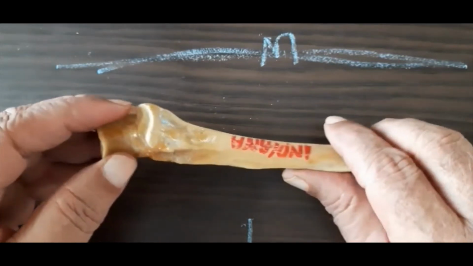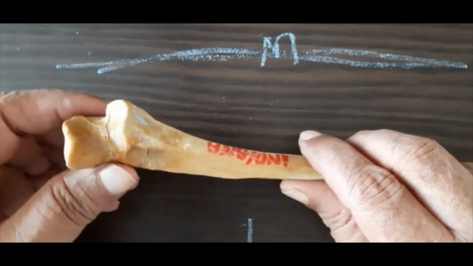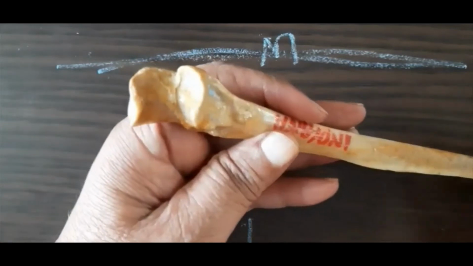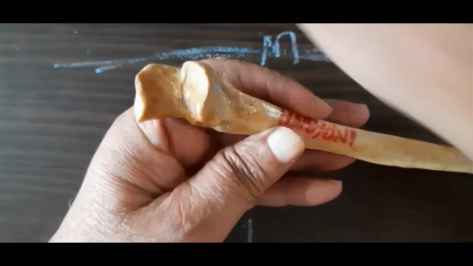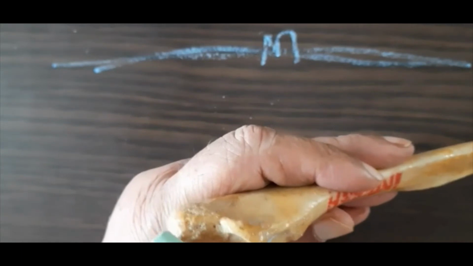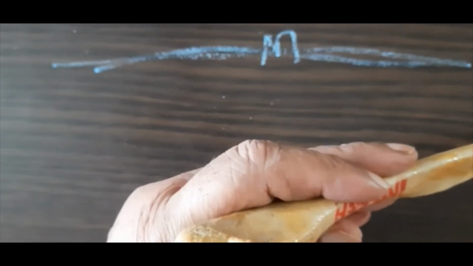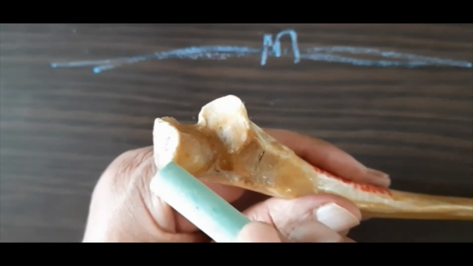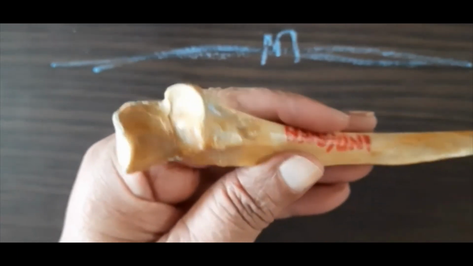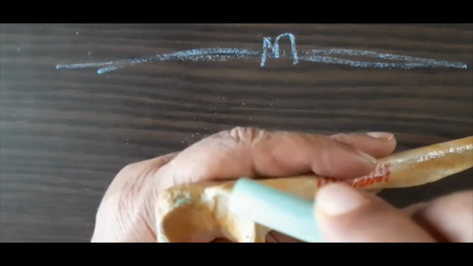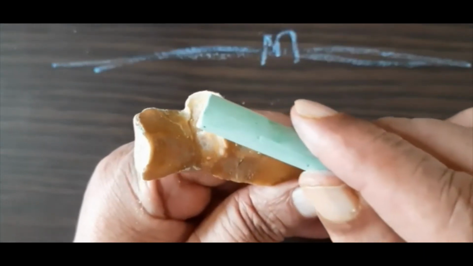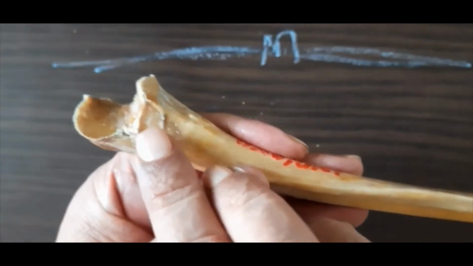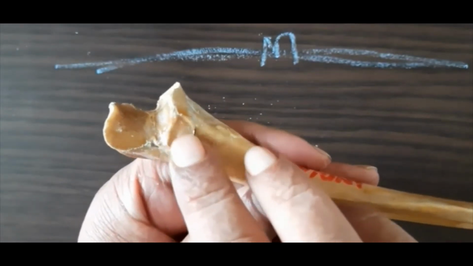Now let us see first the attachment of the articular capsule onto this upper end. I will draw the articular capsule with green chalk. The attachment is very close to the articular margin towards the beak here, and then it goes from medial to the lateral side. Then it is on the coronoid process, and it reaches right up to its lateral surface where the radial notch is present.